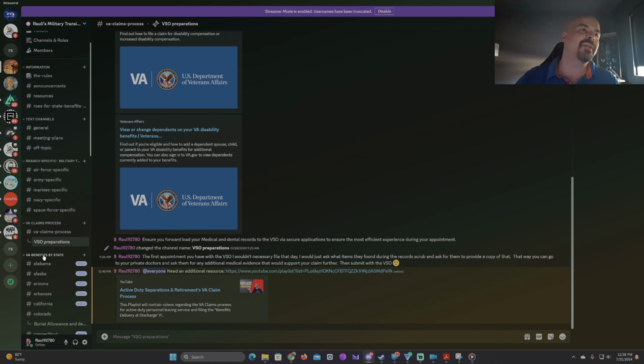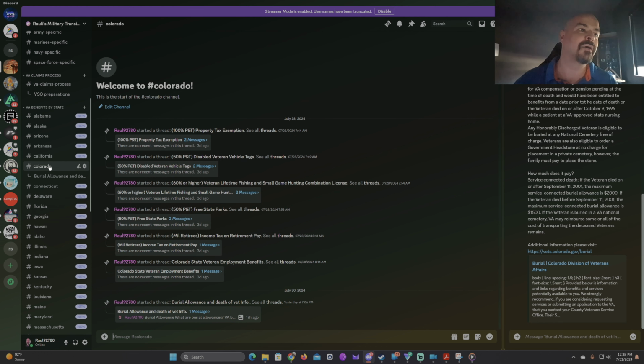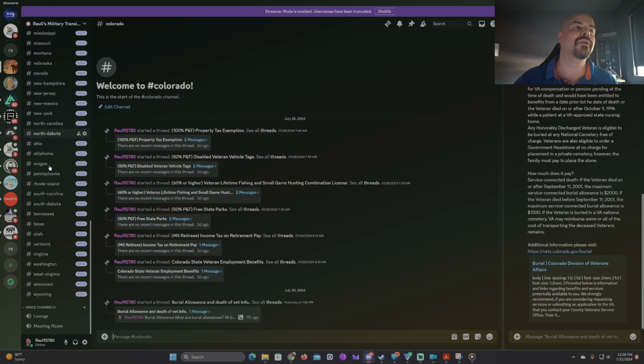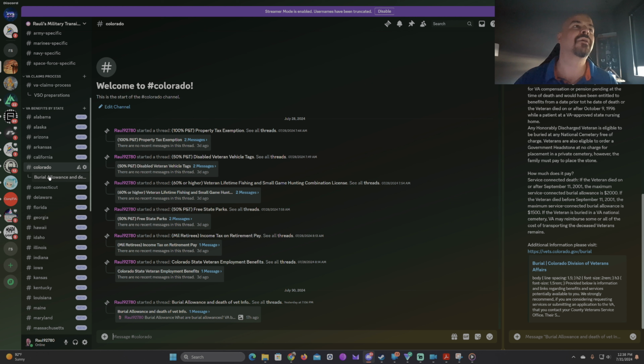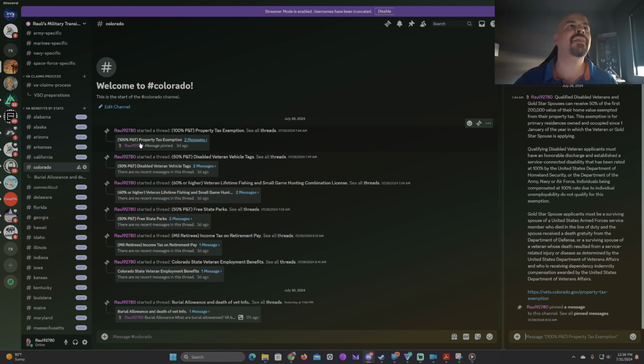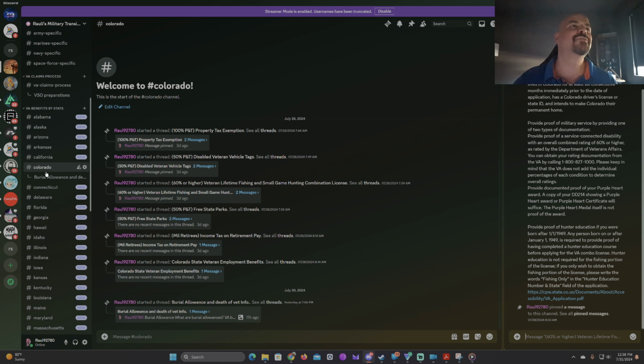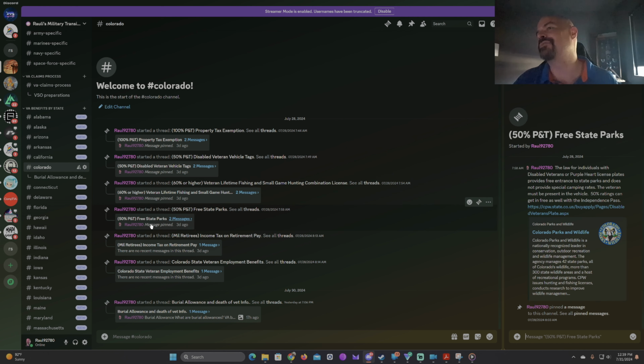And then we got benefits by state. I live in the state of Colorado. I started populating the Colorado Discord, where this is not good, guys. I'm not seeing all my threads that I have added in here. They're usually on the left-hand side. Maybe it's a noob thing because I've been messing around with Discord that I'm not so familiar with.